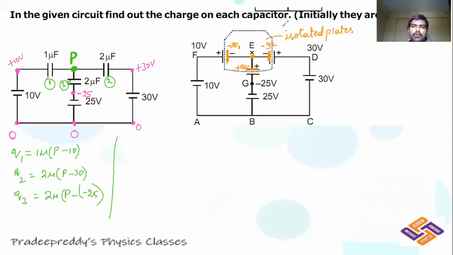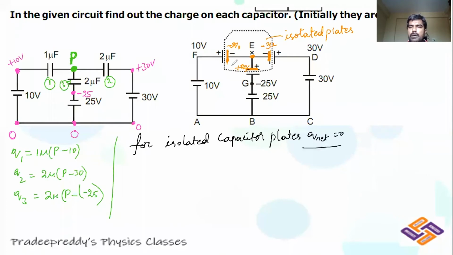Now, for isolated capacitor plates, Q net is equal to 0. Net charge over all these plates will be equal to 0, because these all are isolated plates. Isolated plates have no connection with batteries. That's the reason why the total charge will be equal to 0.